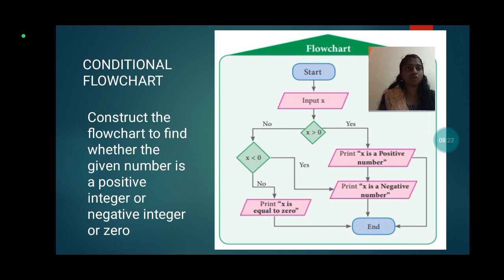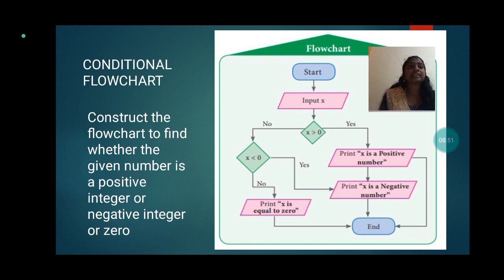Next, we use the flow line to connect the shapes. Next, you want to draw the input, right? We take the given number as x. So, we give input x.